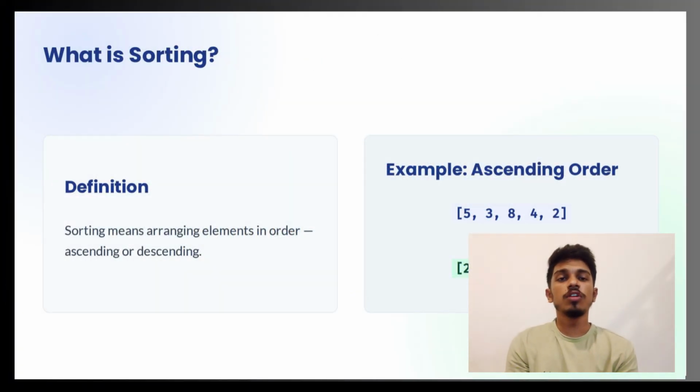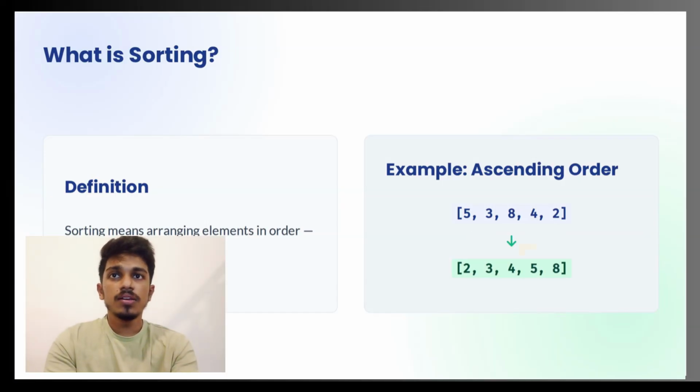Okay, before we talk about quicksort, let's quickly revise what sorting means. Sorting is simply arranging items in a specific order. For example, from smallest to largest, we call it ascending order, or largest to smallest, we call it descending order.